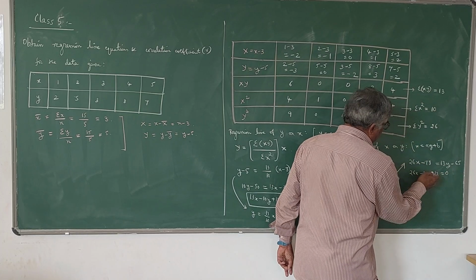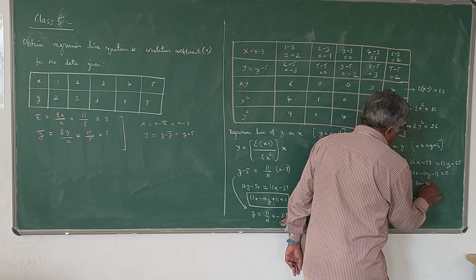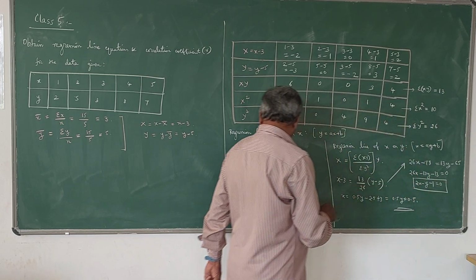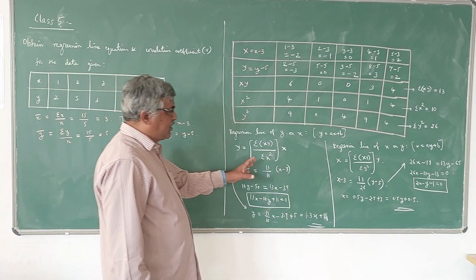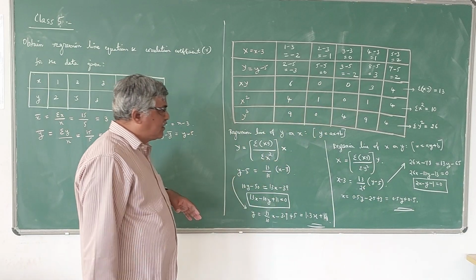Or we can divide both by 13. So 2x minus y minus 1 is equal to 0. So this is the other equation. So these two are the regression equations of y on x as well as x on y.